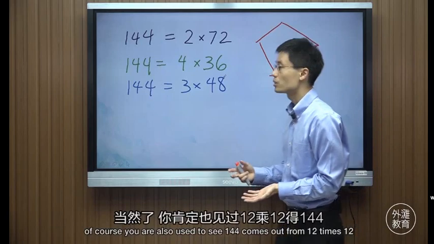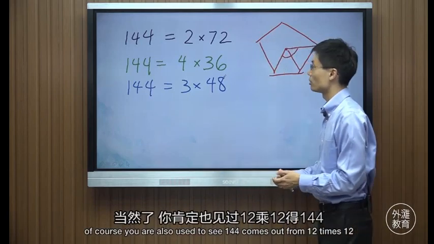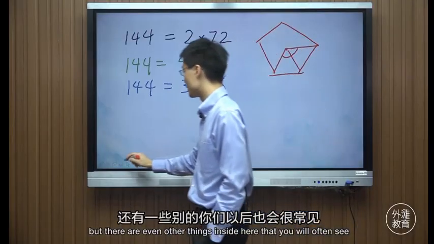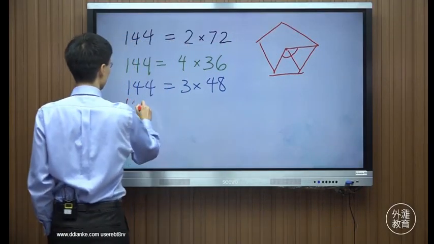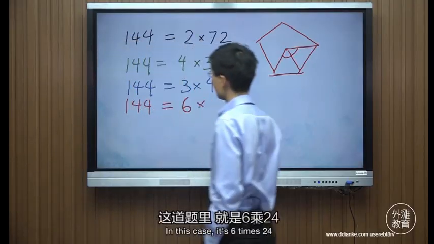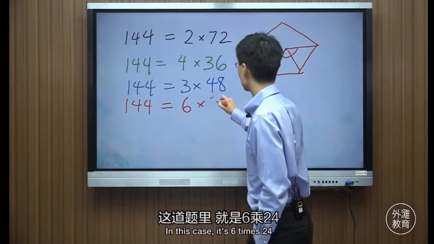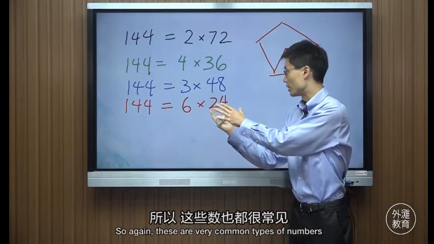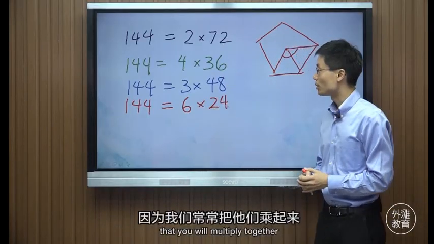Of course, you're also used to seeing 144 come about from 12 times 12. But there are even other things inside here that you will often see. 144 you can also write as 6 times something. In this case, this is 6 times 24. So again, these are very common types of numbers that you'll multiply together.